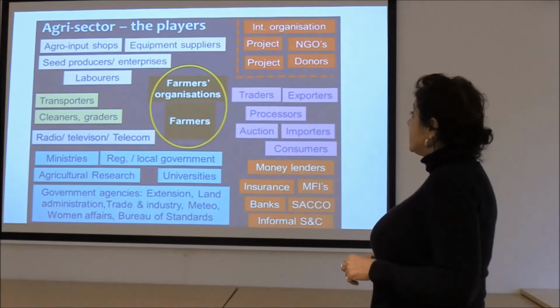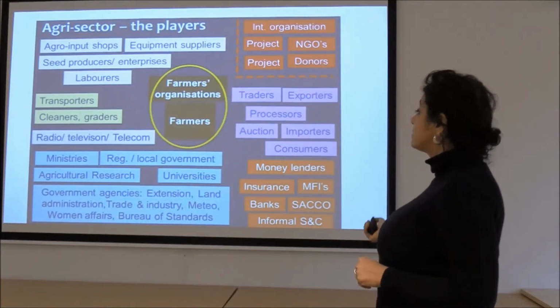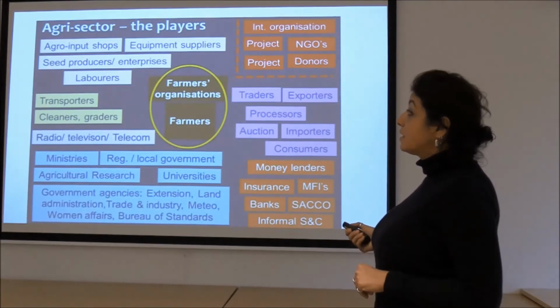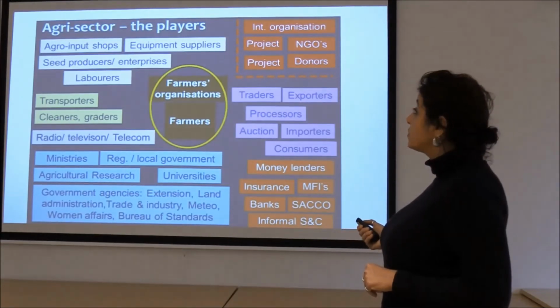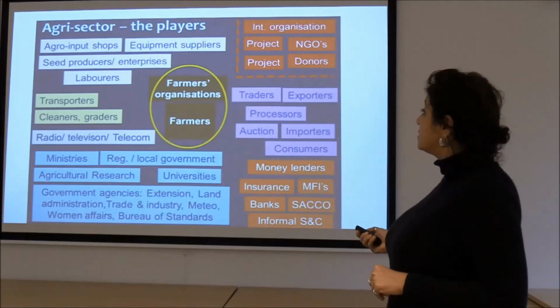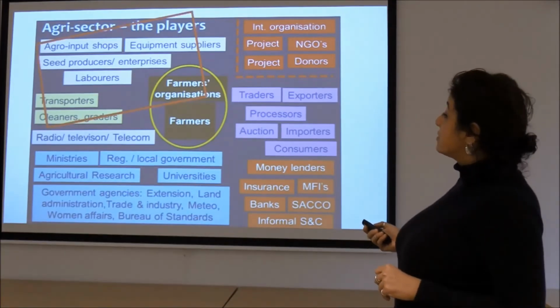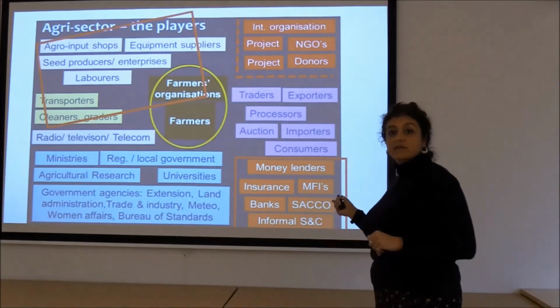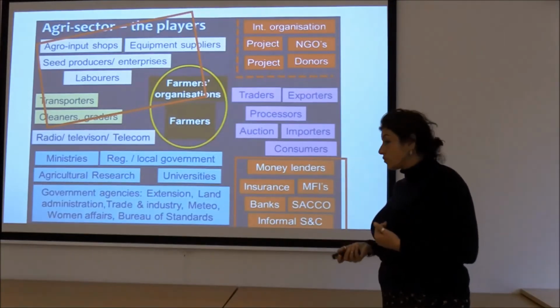So again, in our agri-sector players slide, the service supporters would be, as a repetition, agro-input shops, equipment suppliers, seed producers, enterprises, laborers, but also all the financial institutions that provide us services so that we can access finance.